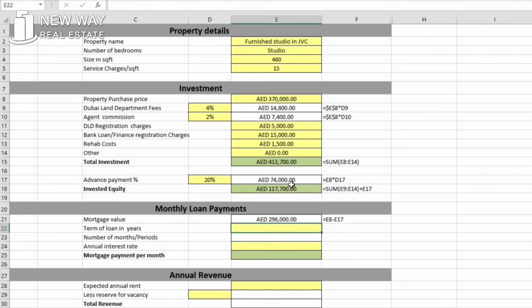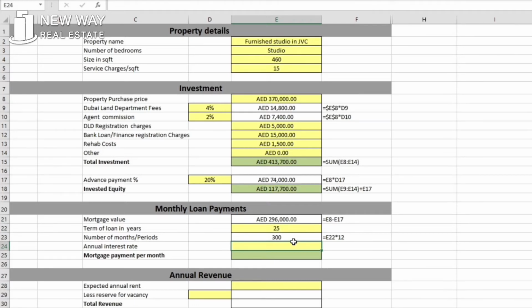So the bank will be financing 296,000 dirhams for us. On how many years? Let's say we will consider 25 years. Now, in order to simplify future calculations, we need to know the period, so how many months it will be. To do that, it's equal to 25 years multiplied by 12 months. So it will be 300 periods.